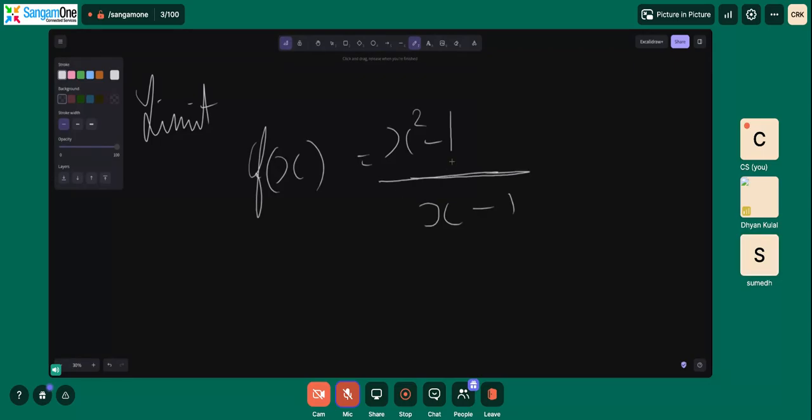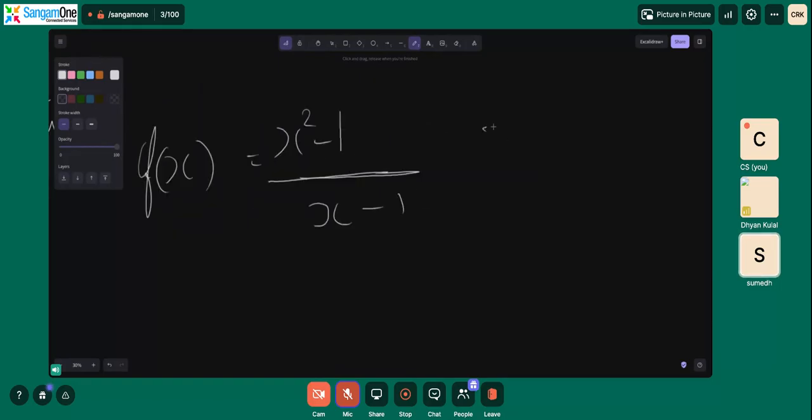Imagine there is such a function. Now, what happens when x is equal to 1? What will happen to this function? 0 by 0. What is 0 by 0 basically? Undefined. Okay, 0 by 0 is basically undefined.